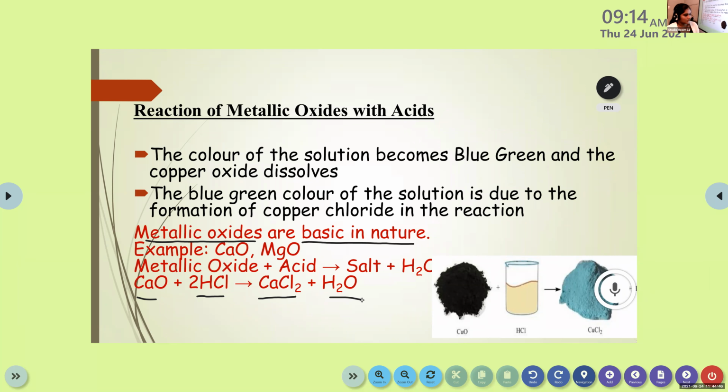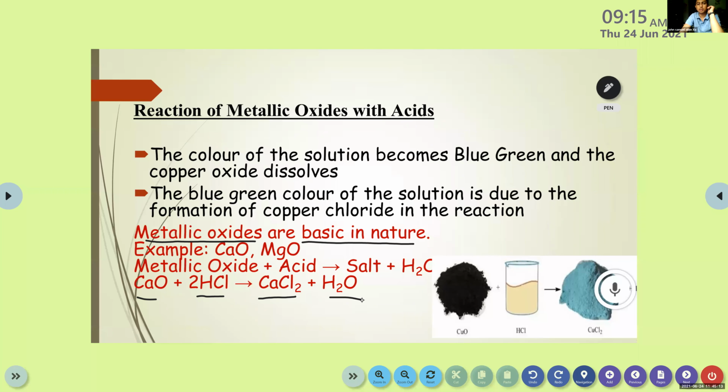John Samuel, can you please read the slide? The color of the solution becomes blue green and the copper oxide dissolves. The blue green color of the solution is due to the formation of copper chloride in the reaction. Metallic oxides are basic in nature. Example, CaO, MgO.